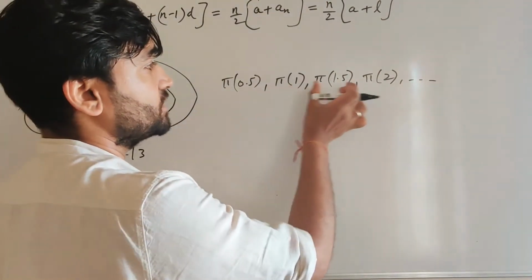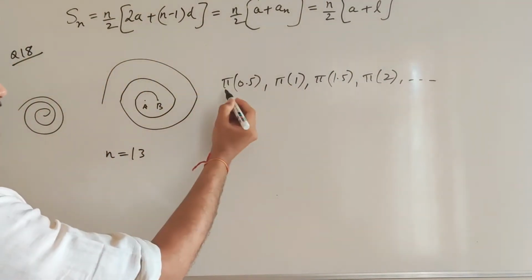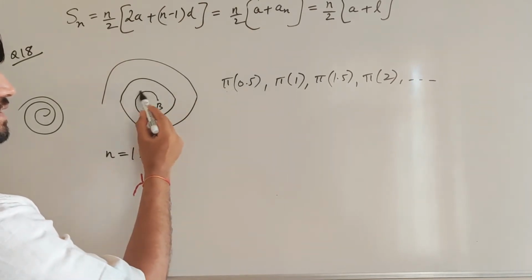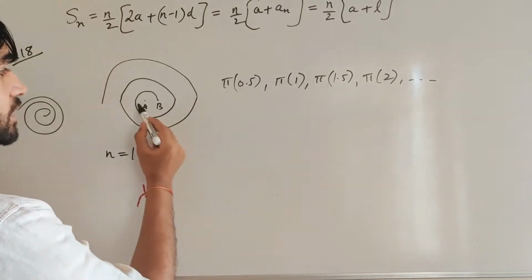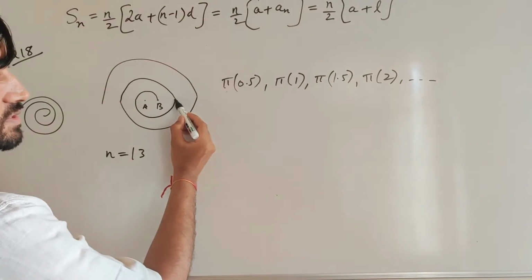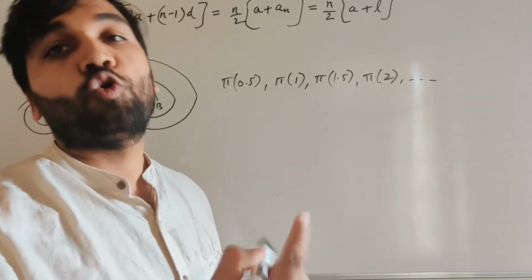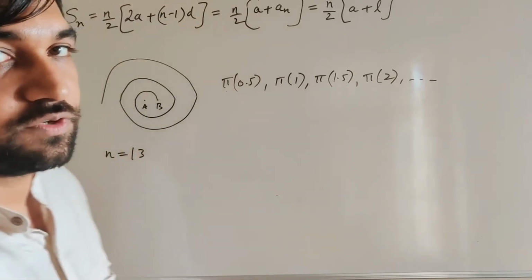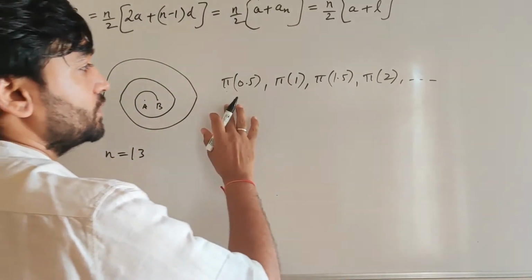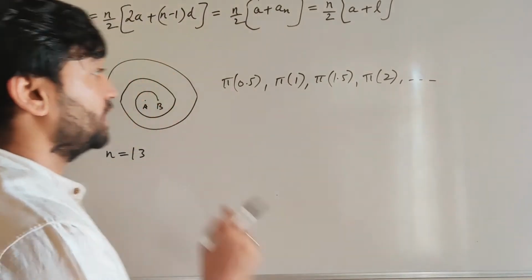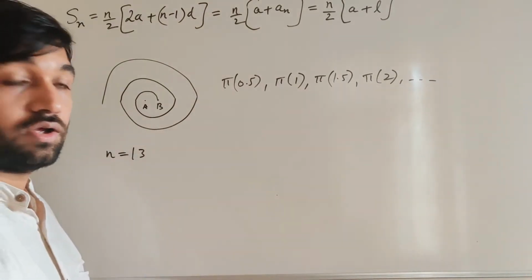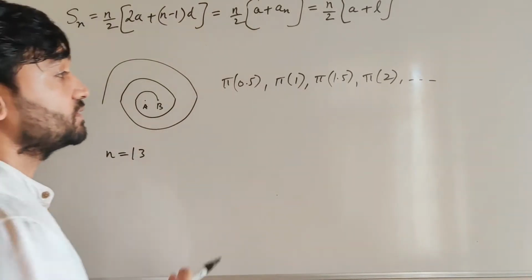These are the circumferences. So this pi r is this circumference. Pi into 1 is this circumference. You're doing pi r because it's a semicircle. 2 pi r is for a circle, pi r is for a semicircle. Alright. So this is how we form the AP. And how many number of terms here? N has 13 terms.